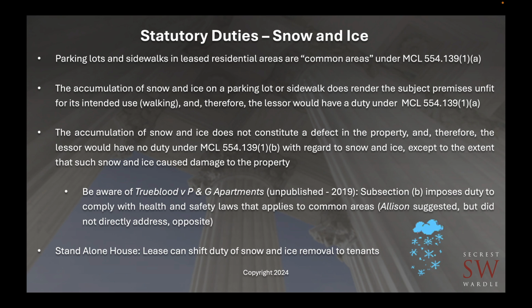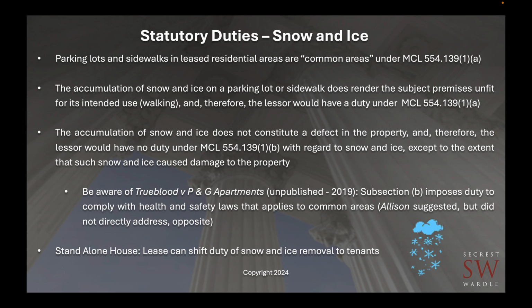The court in that case held that the duty to comply with health and safety laws is distinct from the duty to make reasonable repairs, even though both are set forth in the Landlord-Tenant Act at MCL 554.139(1) sub B. So even though the duty of reasonable repair did not apply to common areas like sidewalks, it left open questions about whether the other duty at the same subsection could still apply in these circumstances involving snow and ice, which is the duty to comply with health and safety laws.